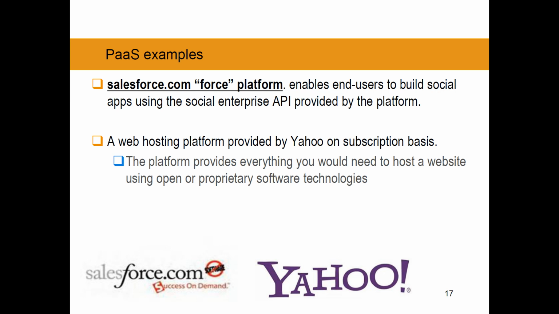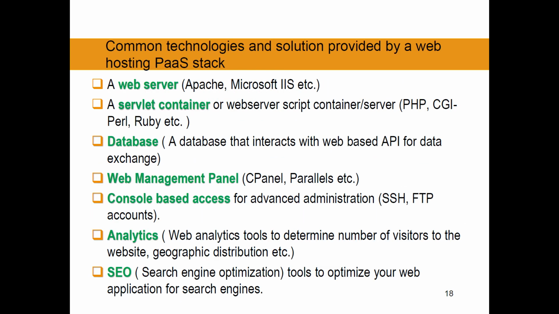You just need to explore which solutions are available and also suit your requirements. This is common, right? The common technology stack provided by a web hosting PaaS stack. Just as an example, web servers normally consist of Apache, Microsoft IIS, Tomcat, right?